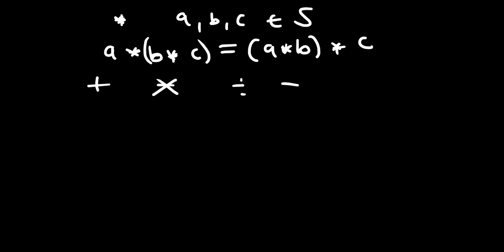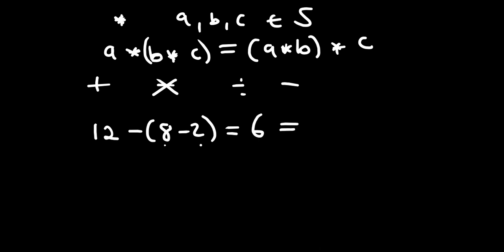Let's say we have 12 minus 8 minus 2. What do we get when we operate this? When we subtract 8 minus 2, I'll get 6. Then 12 minus 6 gives me 6.